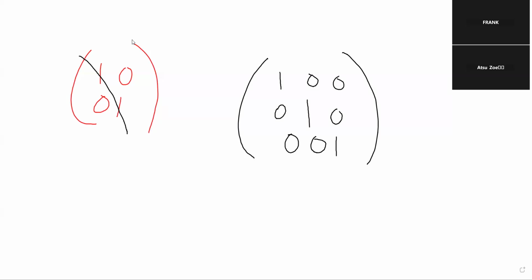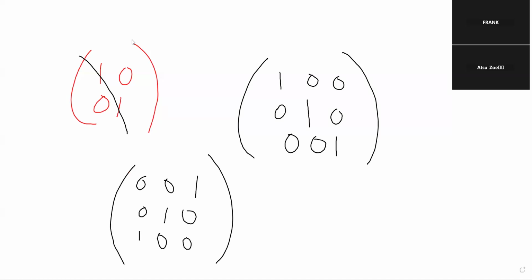And this is also a unit or identity matrix. We are not interested in the other diagonal. It's the main diagonal we want, top left to down right. So this one is a unit or identity matrix.